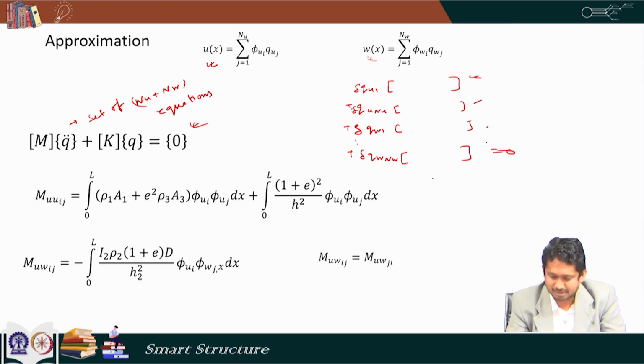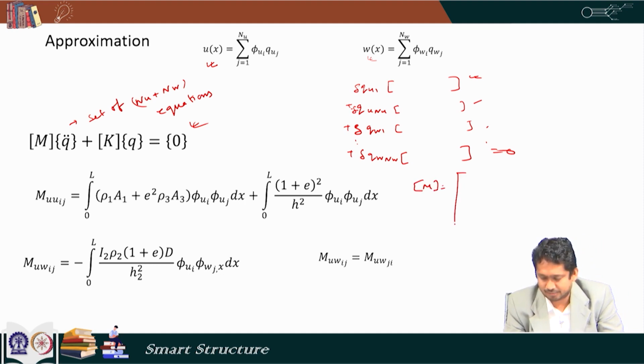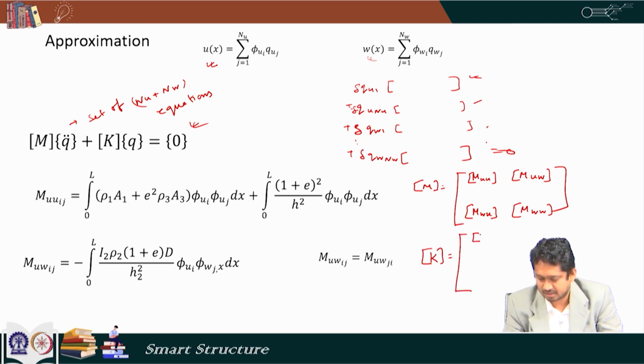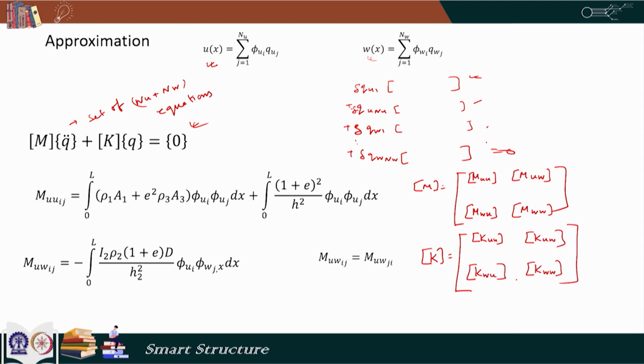So, in this equation the mass matrix M takes a form like this: M U U, M U W, M W U, M W W. Similarly, the stiffness matrix takes a form like this: K U U, K U W, and K W U, K W W. And here mu u is this, mu w is this.